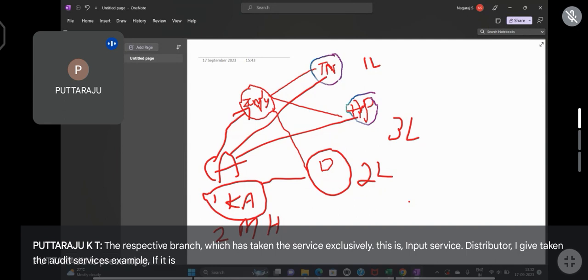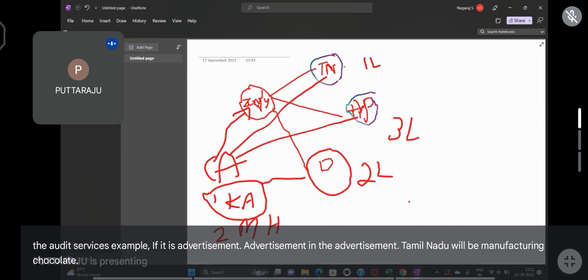If it is advertisement, Tamil Nadu will be manufacturing chocolate and biscuits. Andhra Pradesh branch will be manufacturing ice creams, and Delhi branch is manufacturing other items like lollipop or some chips.